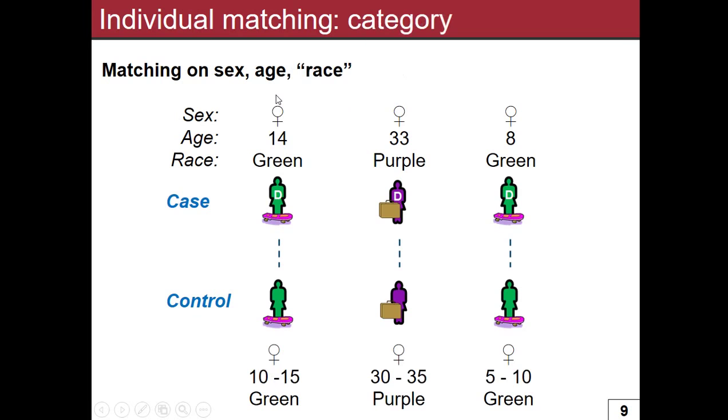In practice, we often don't do exact matching. We do something called category or caliper matching. And this is actually where we sort of loosen up a little bit, because finding someone who's exactly that age is often difficult. Let's say you're matching on geography, which is another common sort of matching factor, again, because geography has wrapped up in it a whole lot of stuff.